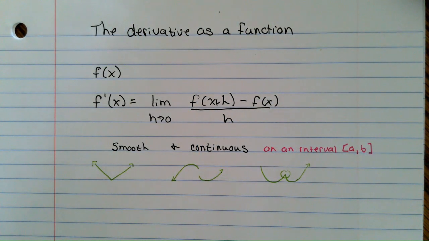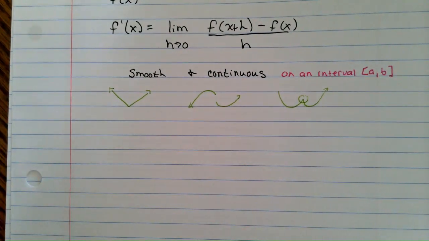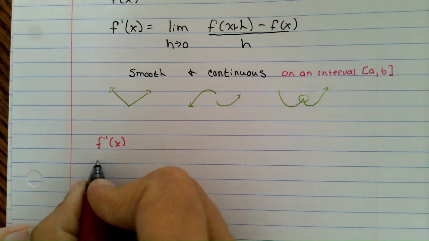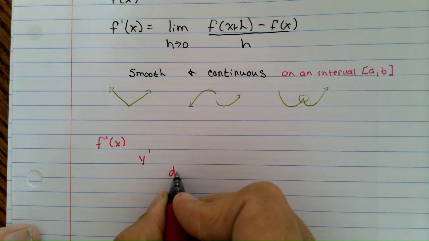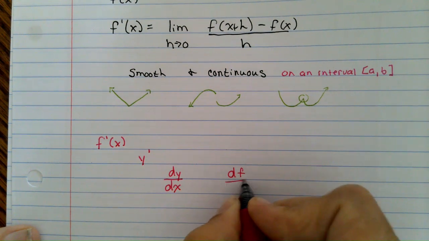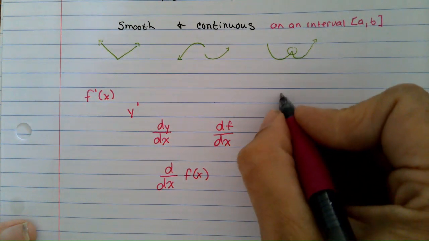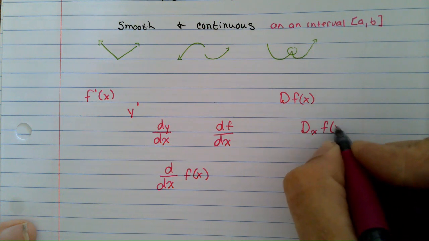Okay? So let's look at some quick notation as well. All these will mean derivative, with a little dash by the f, a little dash by the y, dy over dx, derivative of y with respect to x, derivative of the function with respect to x, the derivative with respect to x of the function.